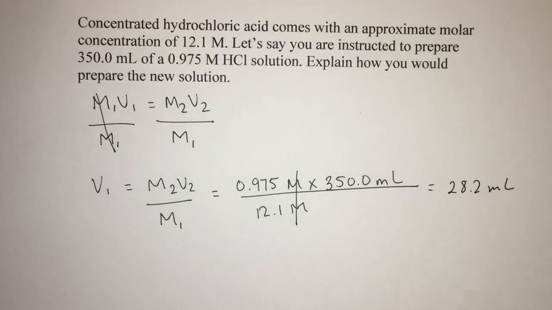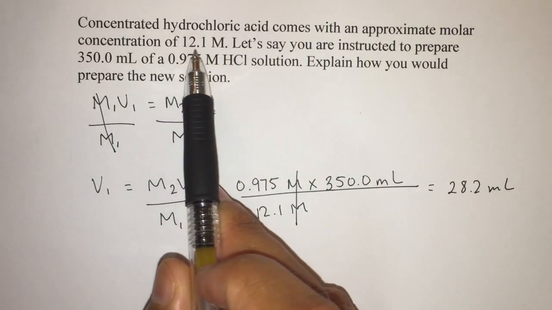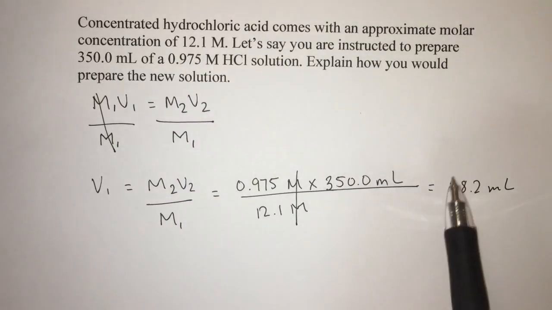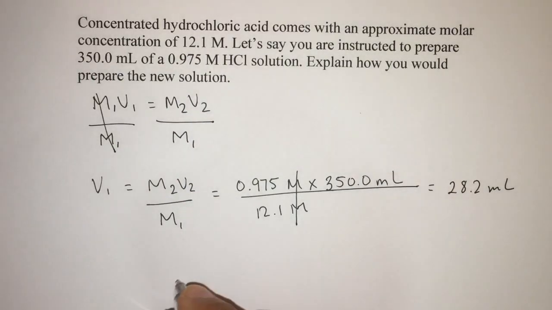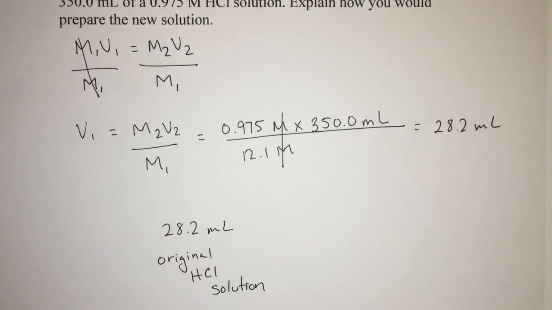Okay, so what does that mean? This means that from our initial solution, the 12.1 molar, we're going to take out 28.2 milliliters. And this is our original HCl solution.